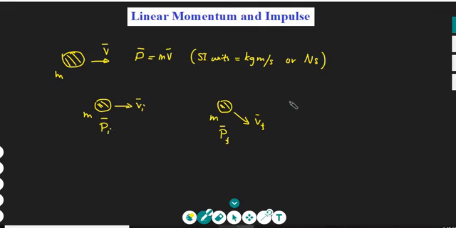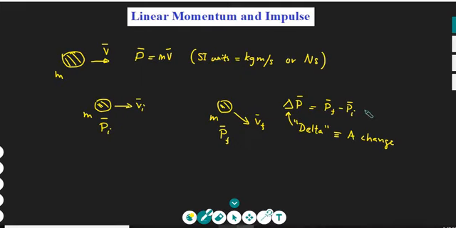So that difference I can say as delta P equals P final minus P initial. This symbol, what we call delta, is a Greek letter that signifies a change. If there's a change, then we represent that by this delta symbol.